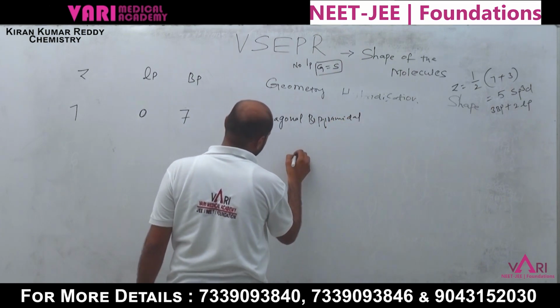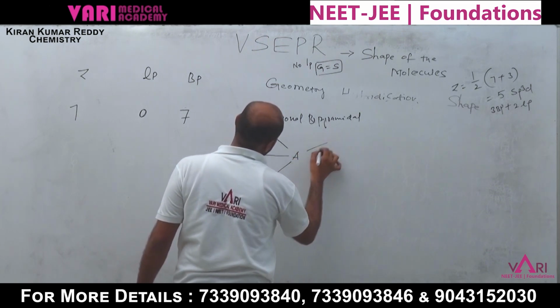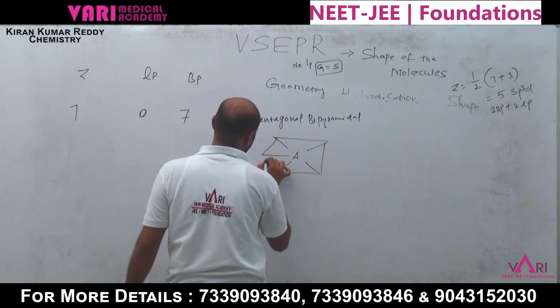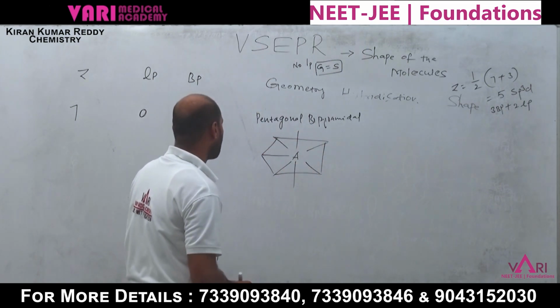What is the shape like this? If I take this one, pentagonal bipyramidal, here is one, here is one. This is the pentagonal bipyramidal.